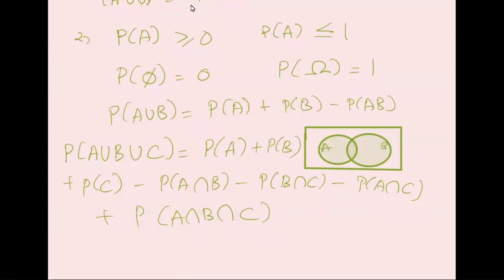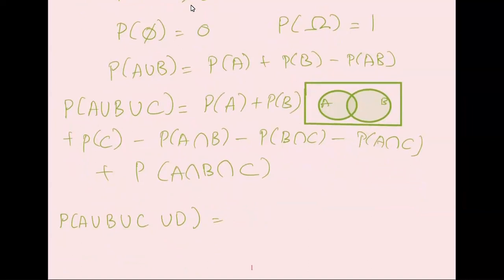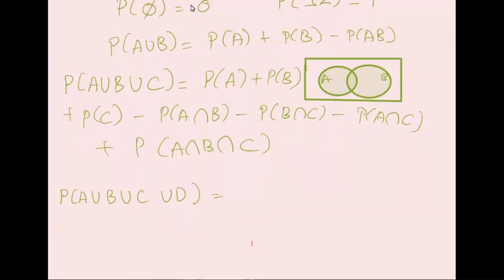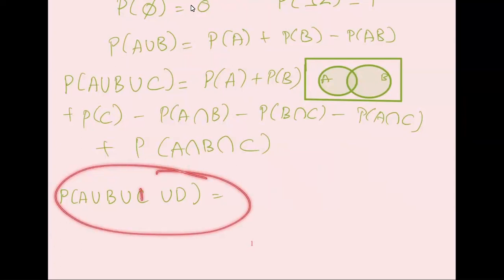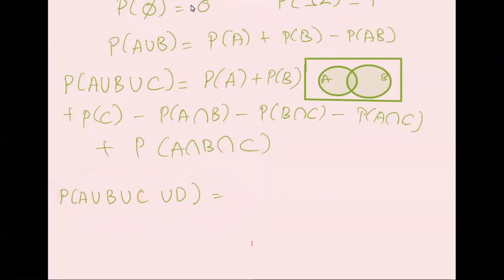For example, if you need probability of A union B union C union D, then what you can do is... could you draw another diagram for this? Yes, but it will be kind of a mess when we have lots of sets. I can draw the one for 3 for you.